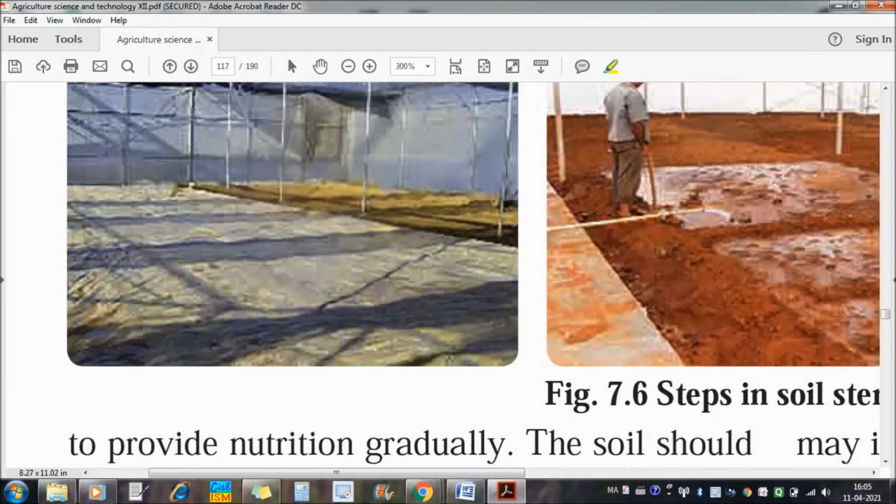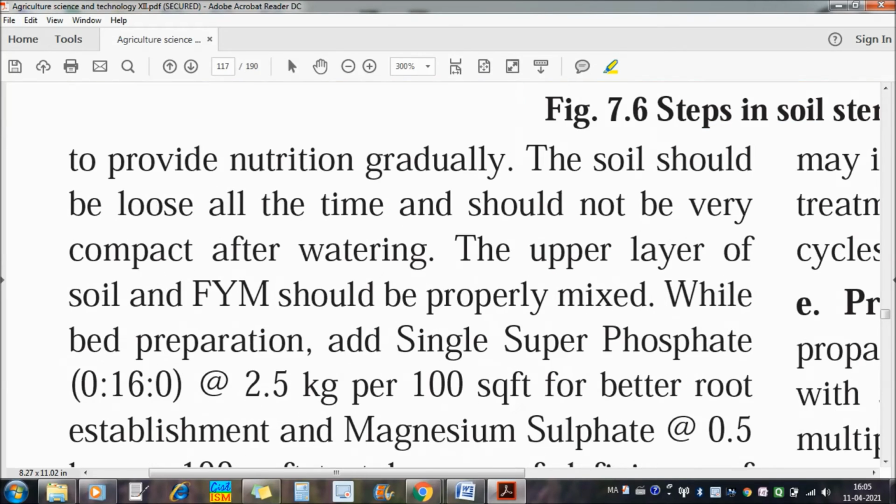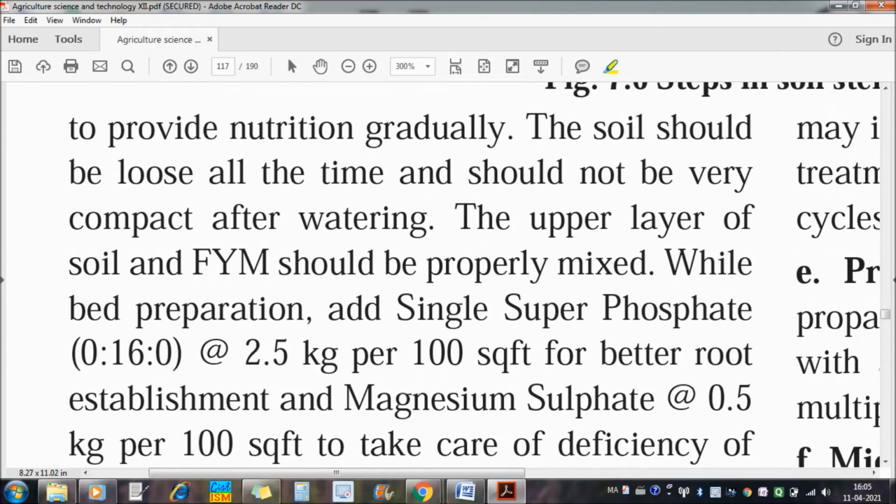Now, this soil should be loose all the time. It should not be compact. Then it should be rich with FYM. We can also add single superphosphate 0:16:0, 2.5 kg per 100 square feet, for good root development.